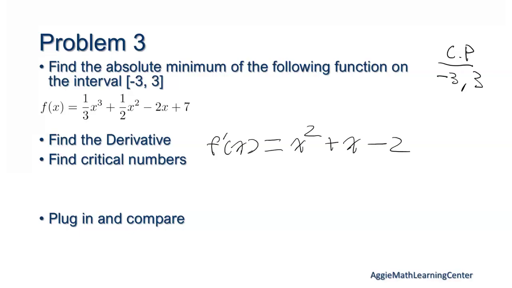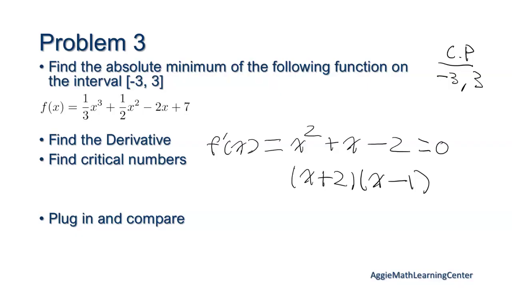Okay. Now I'm interested when this equals 0. So I'm going to do a little bit of factoring. I'm going to think to myself, what adds to 1 and multiplies to -2? Positive 2 and -1. Thanks, Walker. Okay.